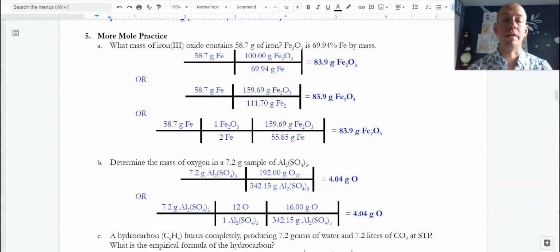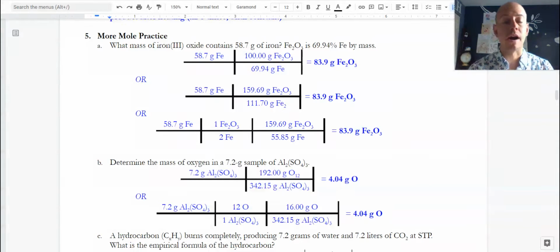One way we could apply this is by thinking about what the percent means. If 69.94 grams out of every 100 is iron, then 100 grams is the whole compound. We could also think about, if I have 58.7 grams of iron, well, the two irons in it would be 55.85 times 2.